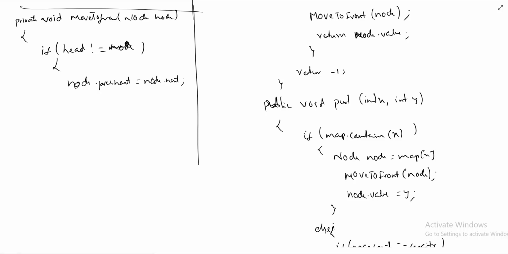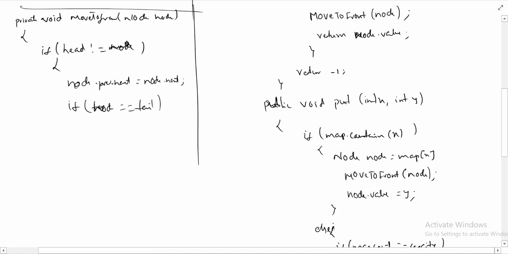Because when we move it, we should always keep track of the tail. If it is the end part, then we need to see if we are moving the tail part, that is, the node is the tail one, we need to shift the tail to the previous one, right? So the tail would become now node dot previous. We set the node tail now properly.